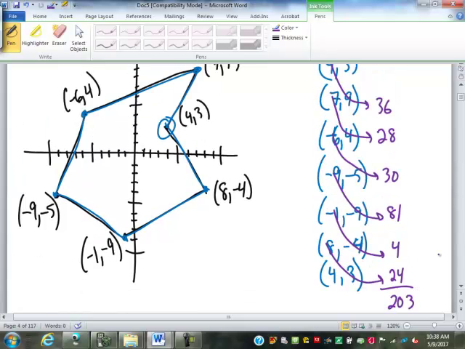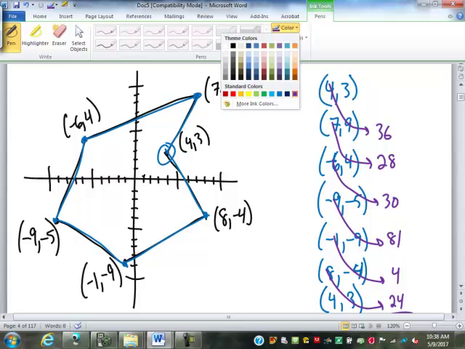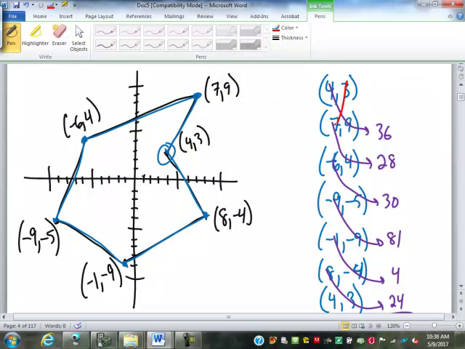So let's do our products the other direction. So going this way. 3 times 7, 21. 9 times negative 6, negative 54. 4 times negative 9, negative 36. Negative 5 times negative 1, 5. Negative 9 times 8, negative 72.